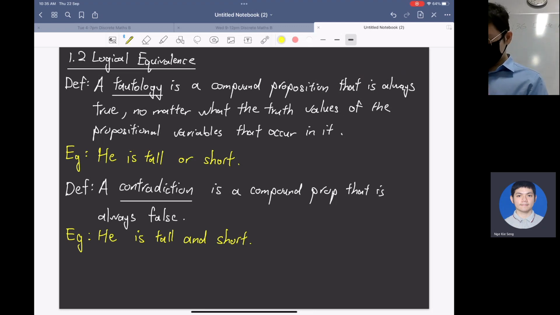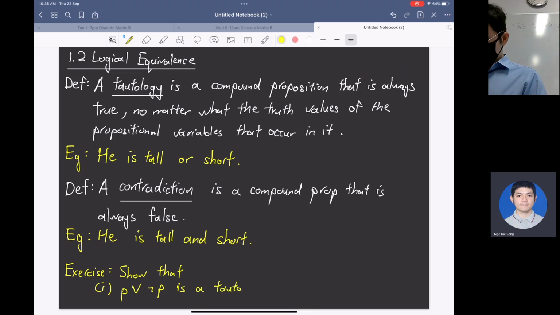Okay. Exercise. So in general, you can show that P or not P is a tautology, and P and not P is a contradiction.